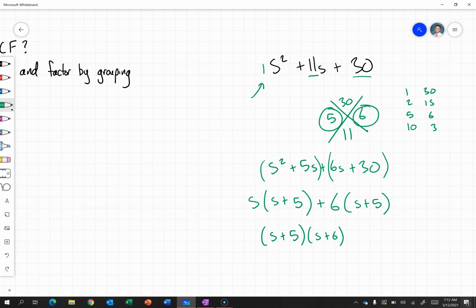You're always going to end up, right, with your factored form, you're always going to have s and s, or x and x, right? That's going to give you that x squared, that s squared. And then you're going to have that 5 and 6, right? Those two numbers that multiply to AC and add to B.